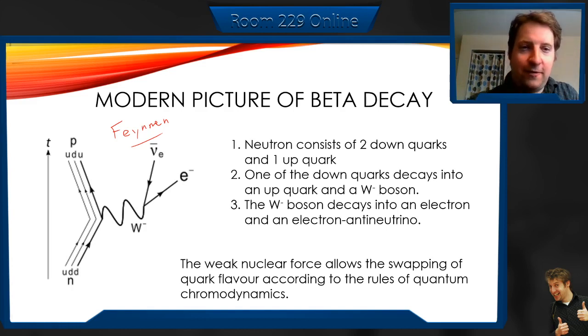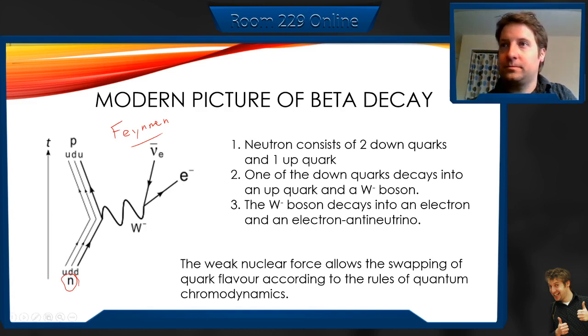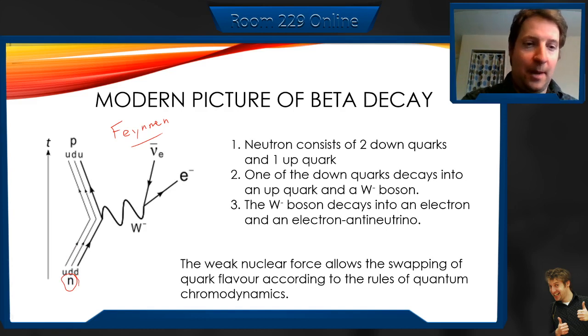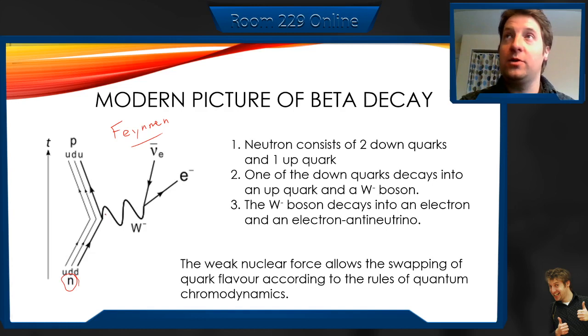So what happens? This is a Feynman diagram. This shows a neutron. This is where we start. We have a neutron, and it's going along, and neutrons are made up of quarks: three quarks, up, down, and down. Those are the quarks that make up a neutron. One down quark comes along, and at this moment it breaks down and falls apart into an up quark.